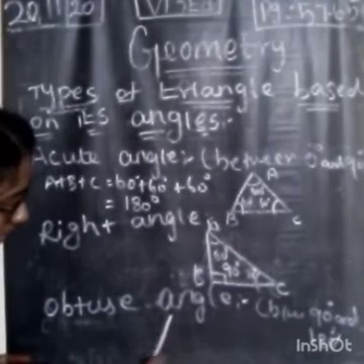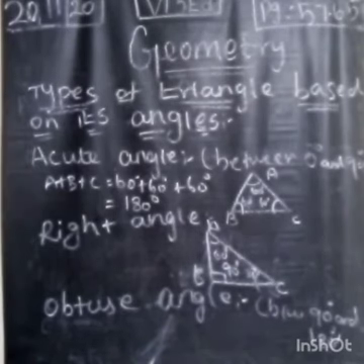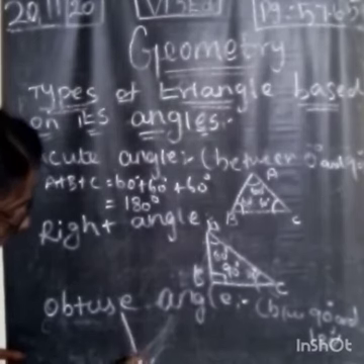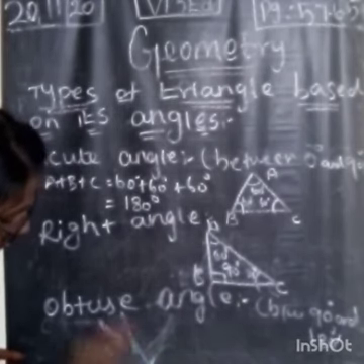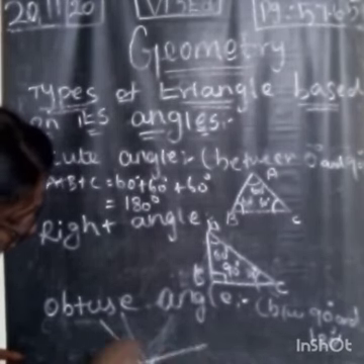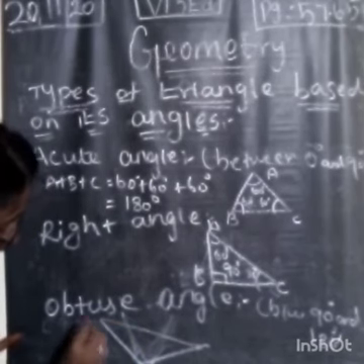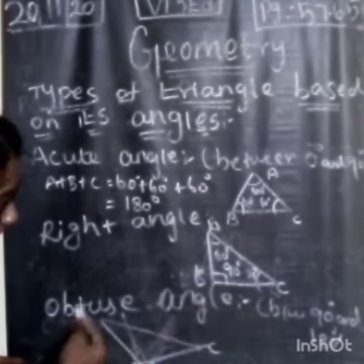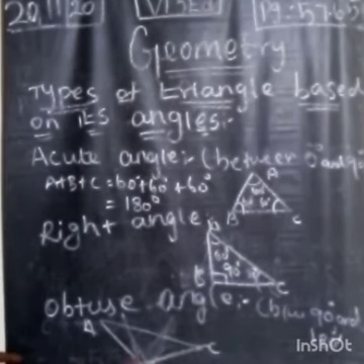Okay, let us take one example. A, B, C. Here an obtuse angle is between 90 degree and 180 degree.